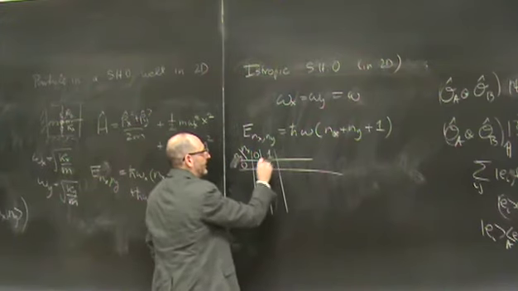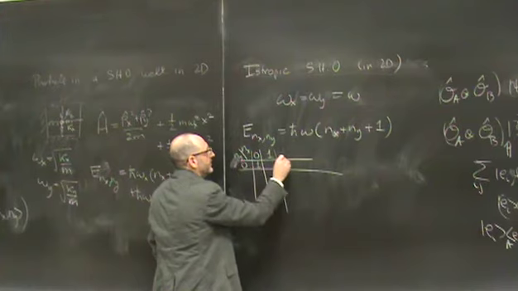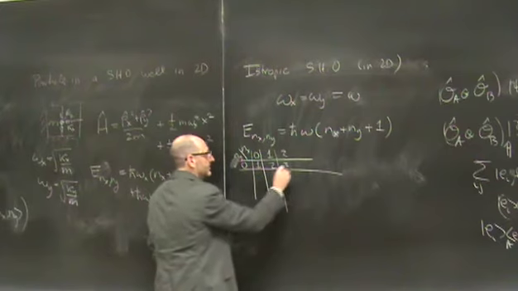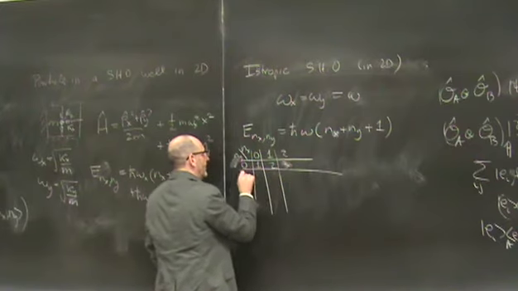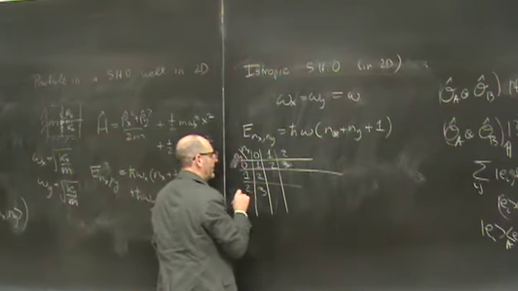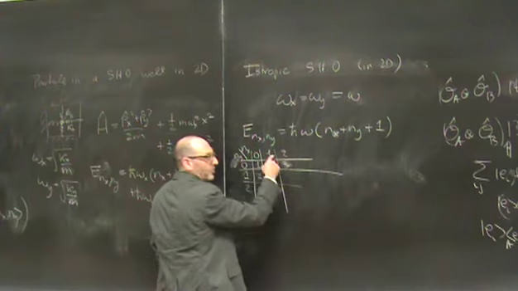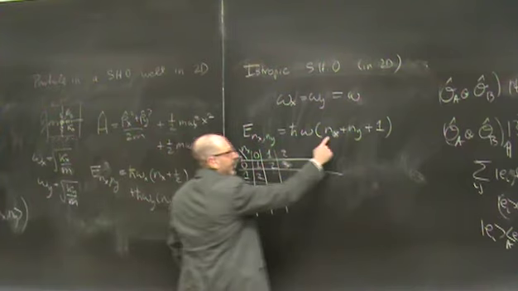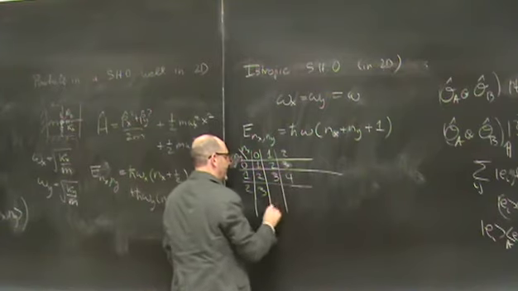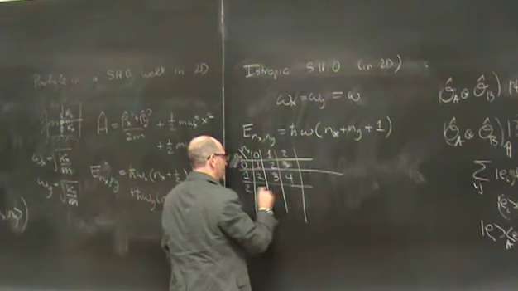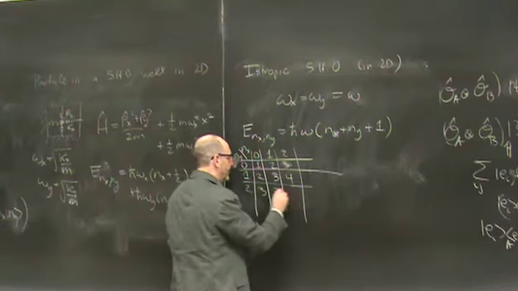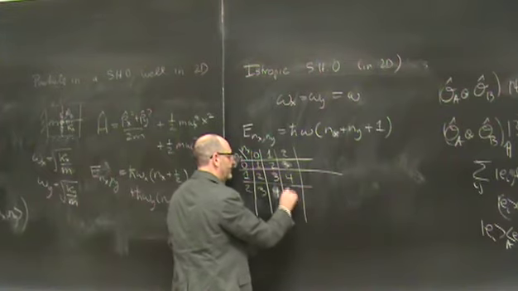When this is 0 and that is 1, 2, 3, and so on. When this is 1 and that's 0, I get 2, 3, and so on. Now, when this is 1 and this is 1, then I have 3, 4, etc.